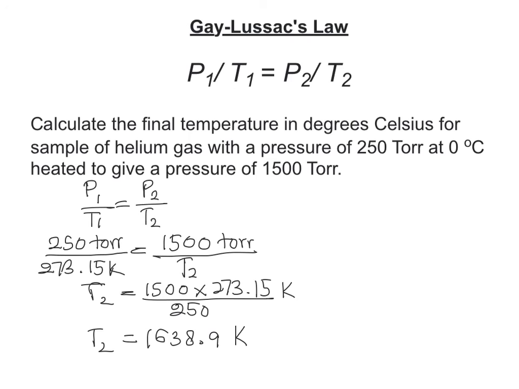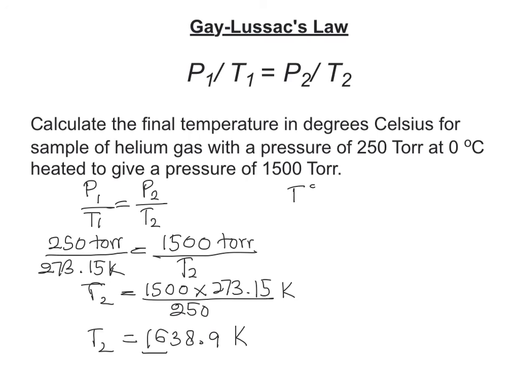And if we look at our significant figures, it would be two significant figures. So we're going to underline up to two significant figures in this number. But we have to now convert the Kelvin temperature to Celsius temperature.